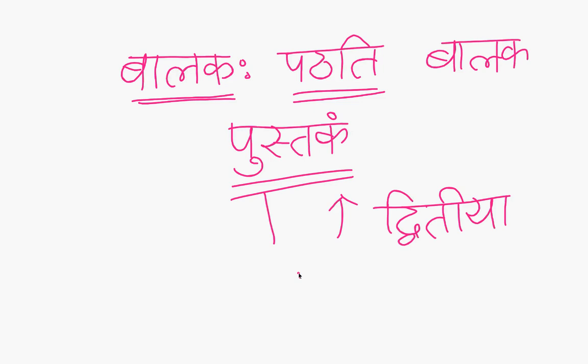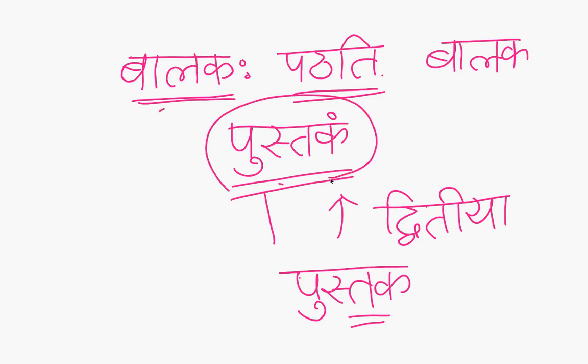The base word for Pustakam is Pustaka, and the Lingam is Napunsaka Lingam. Its Dvitiya Vibhakti form is Pustakam. The role played by Pustakam in this sentence is that of a Karma Padam, or an object.